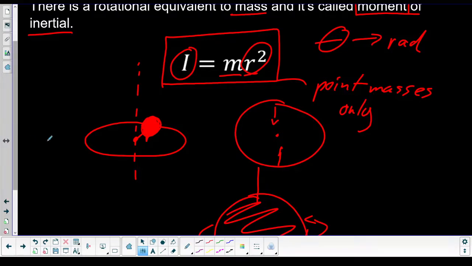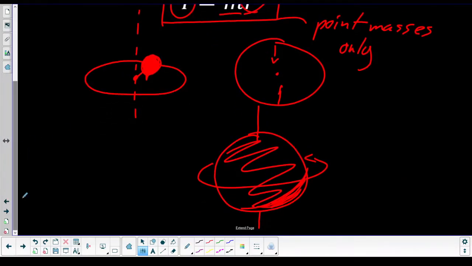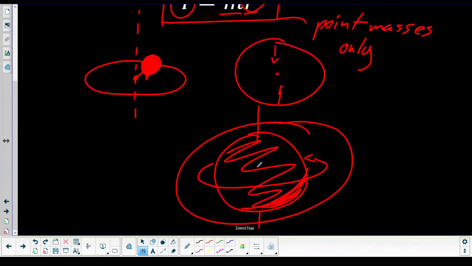If you want to know the moment of inertia for weird shapes that are not mostly in one spot, like a sphere rotating, then there are other special formulas. You can do calculus to calculate those formulas and figure it out. But for the AP test and for this class, if I want you to do some calculation with it, I'll just tell it to you. I'll be like, the moment of inertia for a sphere spinning about an axis through its center is 2/3 mr squared.